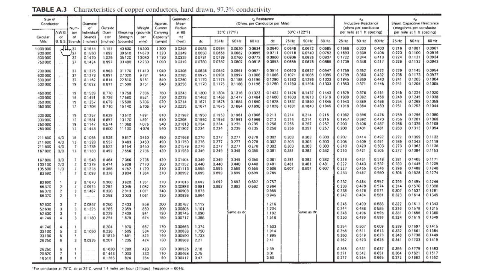And then we have what's called the American wire gauge. It gives this one here, 4/0, 19. Number of strands. You can see the number of strands, and then the diameter of the individual strand. So for each strand, in inches, the diameter of each strand, not of the whole conductor. And then we have the outside diameter in inches. So this is the whole conductor.